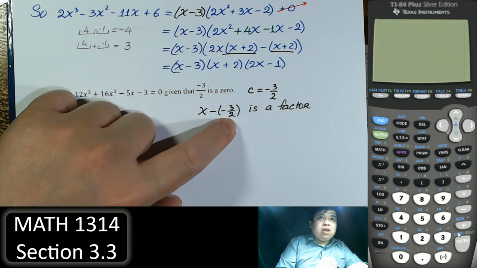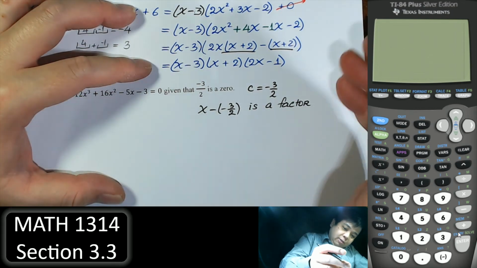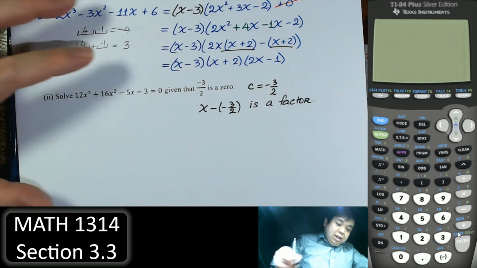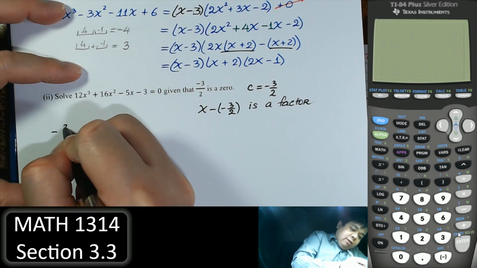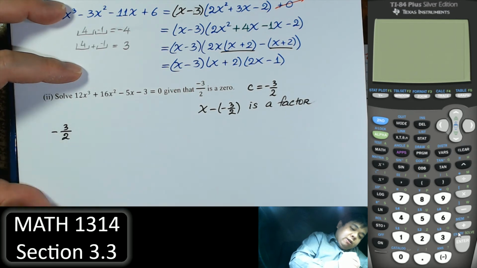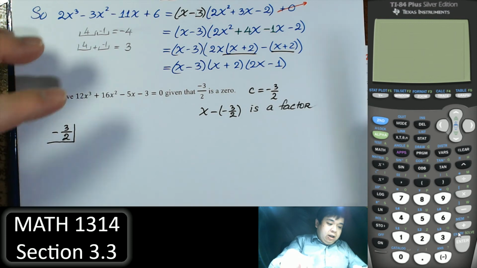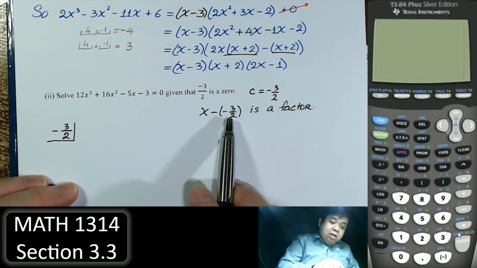Because that's x plus 3/2. Right, but c is equal to negative 3/2. Now we divide by x plus 3/2.